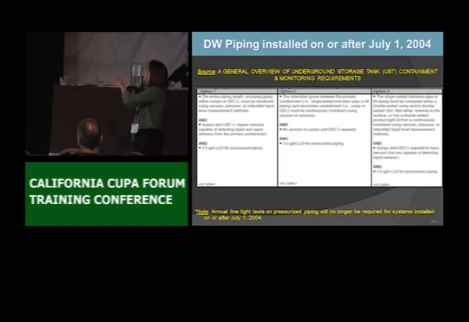With option number 1, the entire line needs to be double-walled. So you're looking at the bottom of the shear valve all the way to the turbine, and you most likely have to encapsulate the turbine. Do any of you have sites that have option 1 as their monitoring?